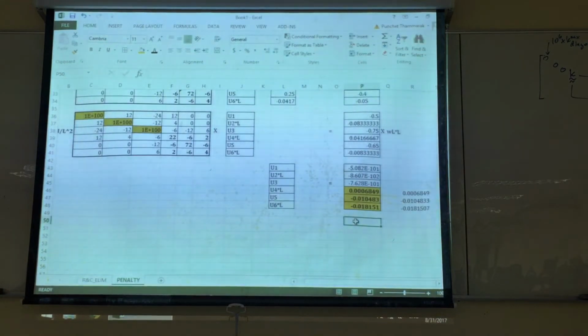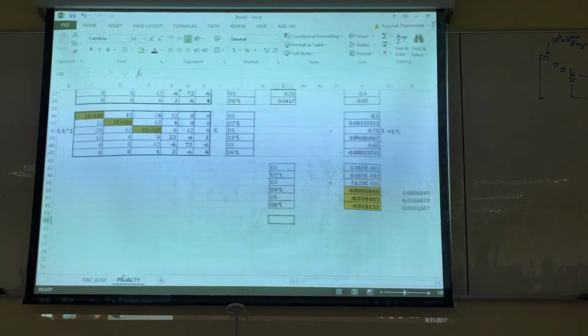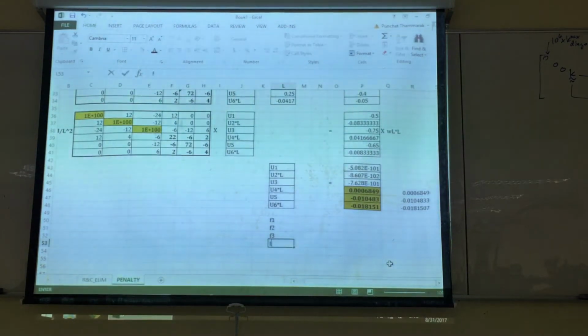Okay, U4, U5, U6 are identical to the previous solution. Now you want to find the support reactions. Okay, so support reactions. So I call it F1, F2, F3, F4, F5.